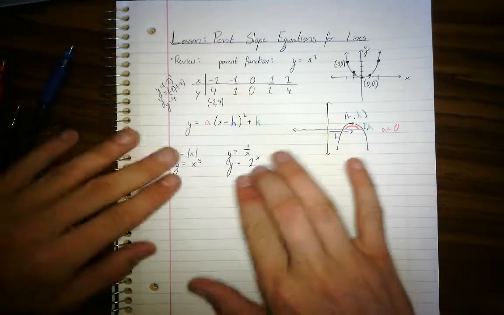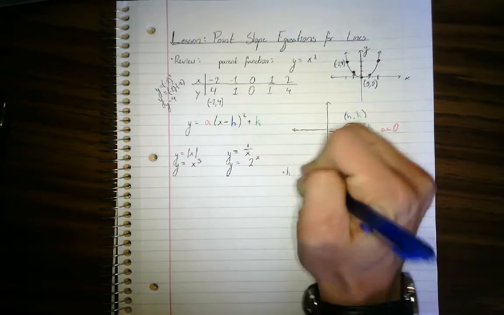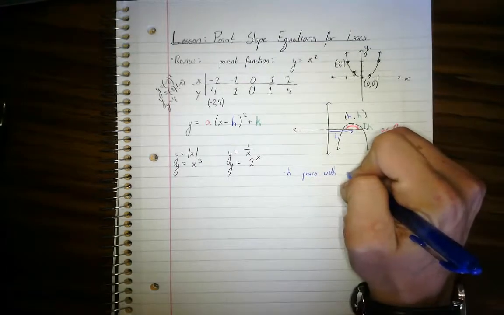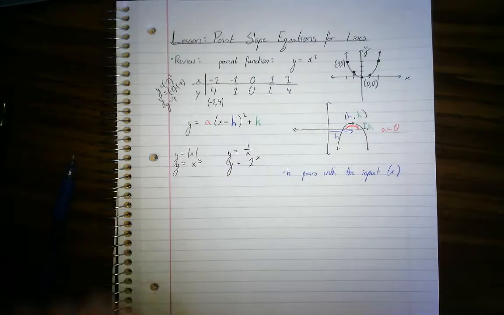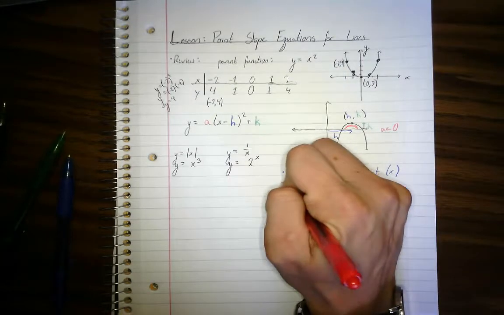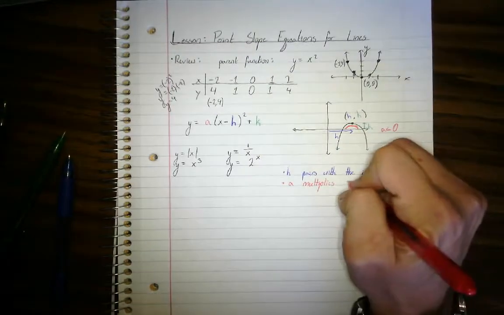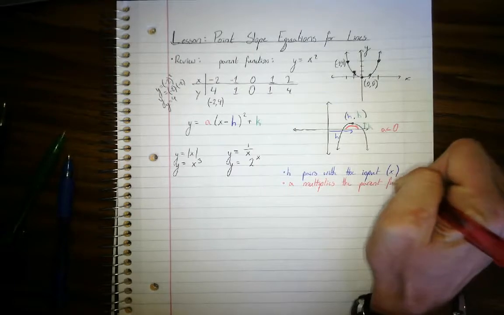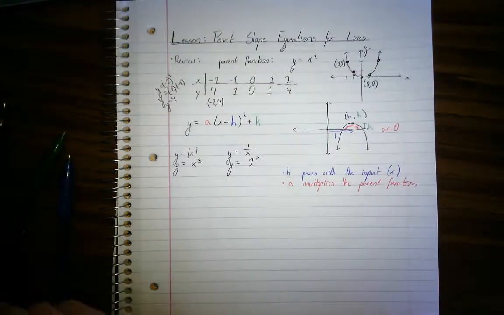So we found out that if we follow the same exact ideas right here, h pairs with the x, or the input, a multiplies our parent function, so if we're looking right here, we see that a is multiplying what our parent function was.